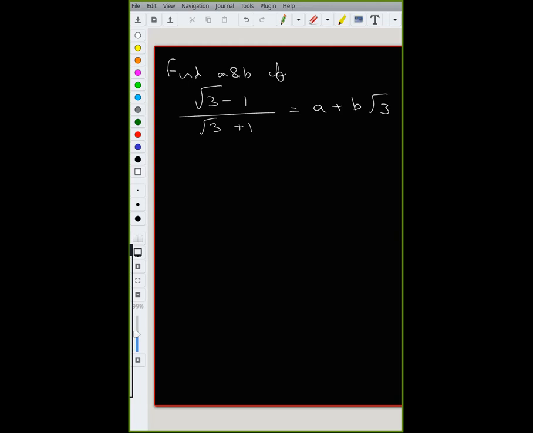Tell me A and B. If anyone's not able to solve it, raise your hand.